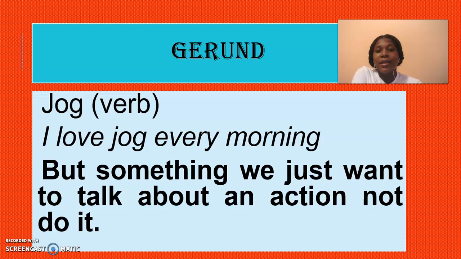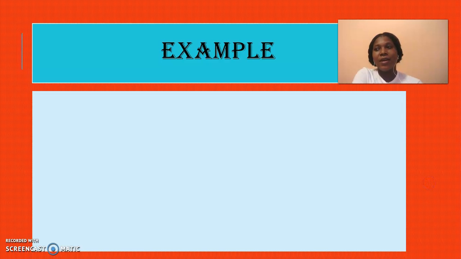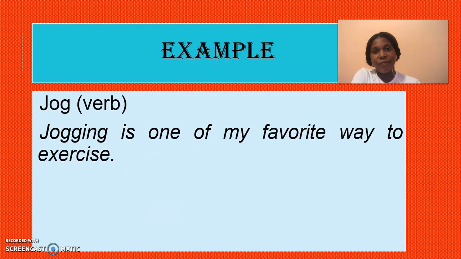But let me tell you that sometimes we just want to talk about an action, not specifically about it. For that, we have another example. Jog, with the same verb. As you know, jog as a verb. And plus ing, jogging, right?